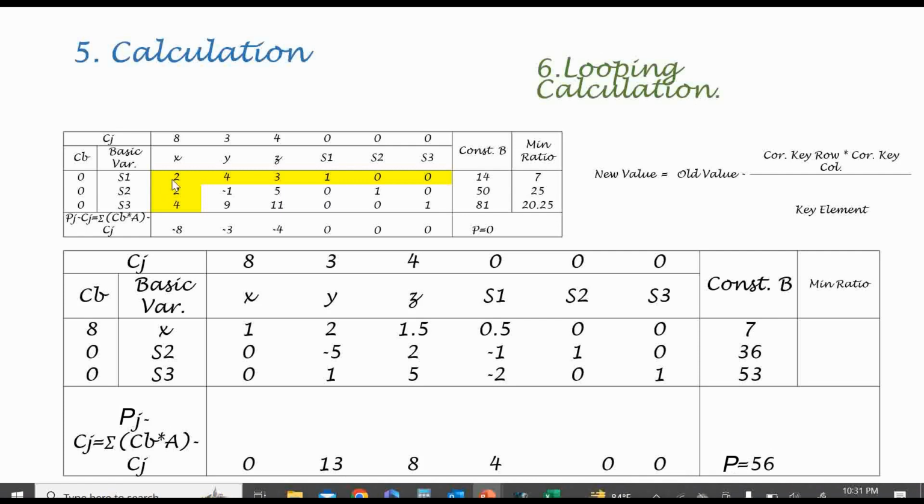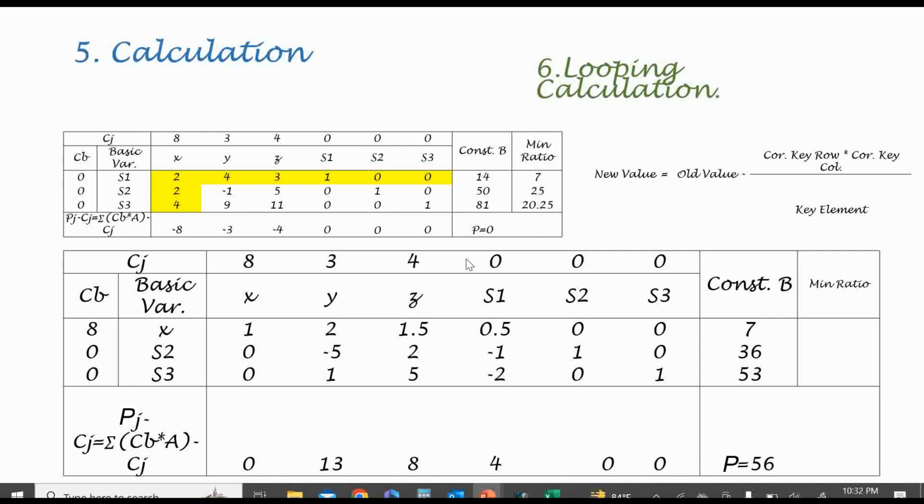Here, this one is our key row, and this one is our key column, and this is our key element. So firstly, to determine the new value in our key row, we need to just divide those values by our key element. Okay, so 2 divided by 2, 1, 4 divided by 2, 2, 3 divided by 2, 1.5.